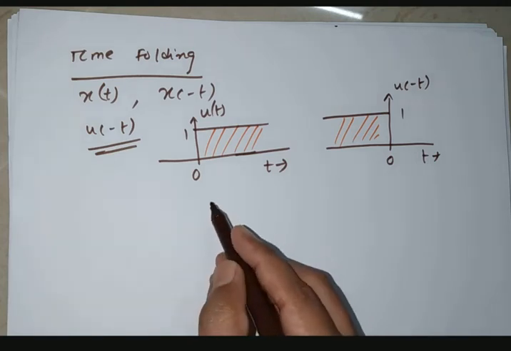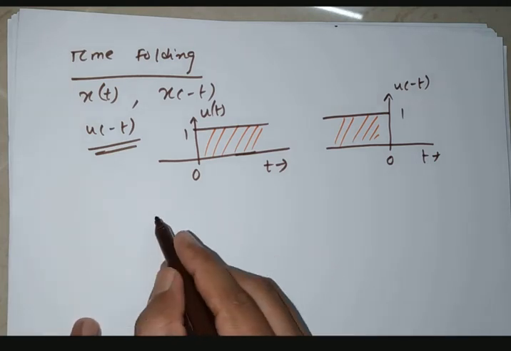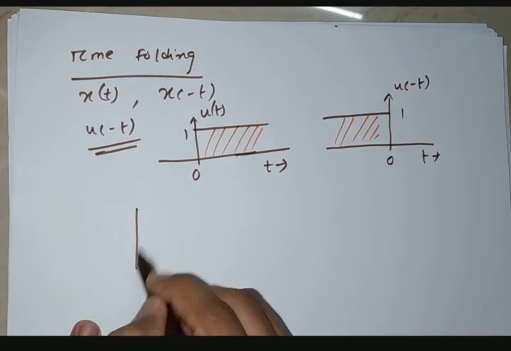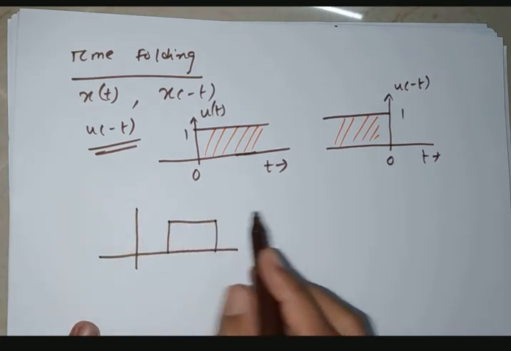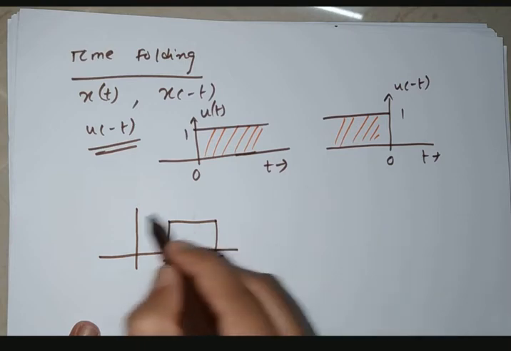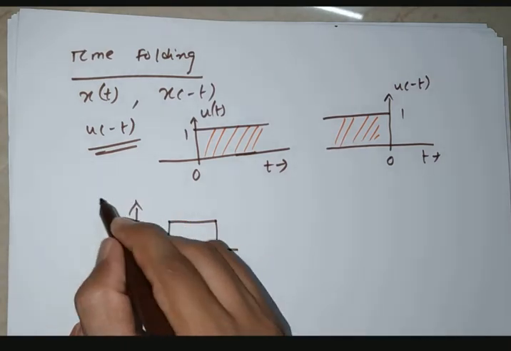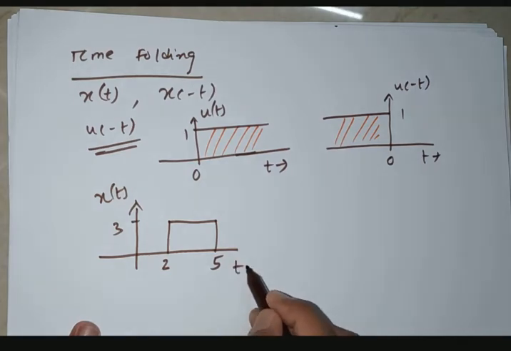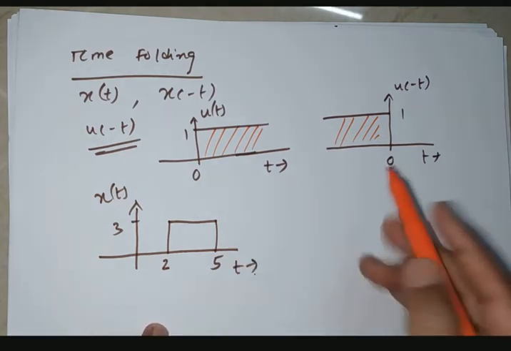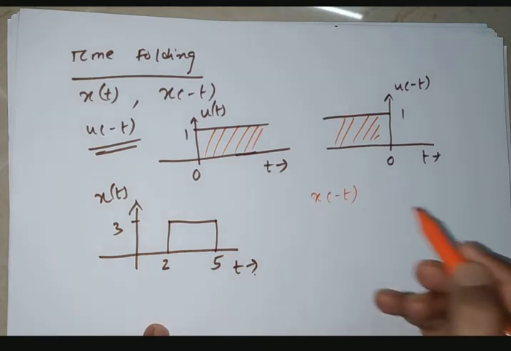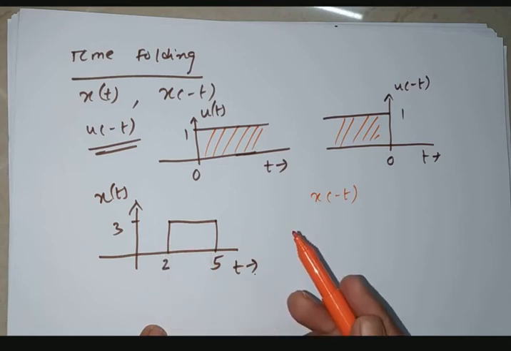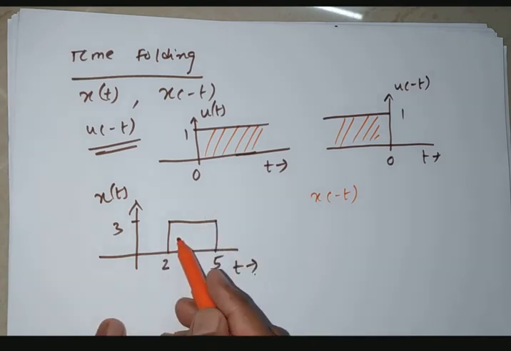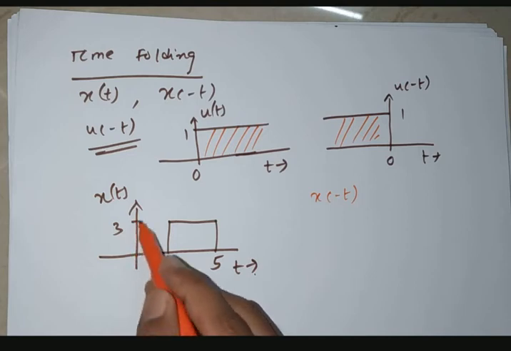Now if I'll give another signal, simple, let this is the signal 2, 5, 3, x of t. Now find x of minus t. How to find x of minus t? Same, right hand side become left hand side and left hand side become right hand side, or simple fold the signal with respect to y-axis.